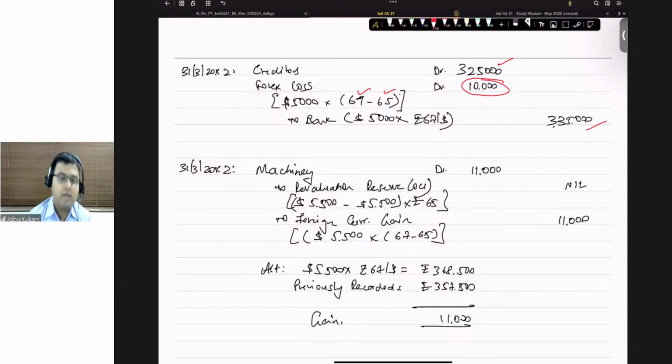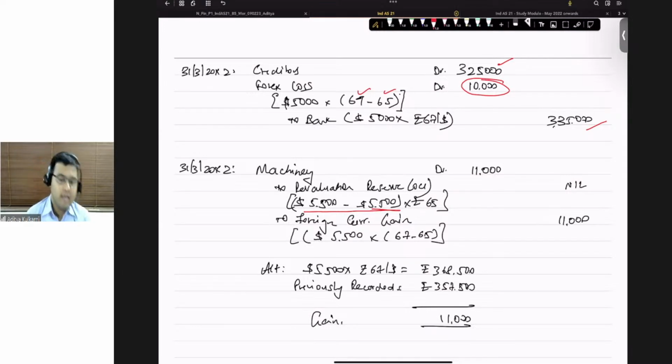So therefore, it tells us that machinery account debit to revaluation reserve, other comprehensive income. There is no change. 5,500 was there earlier, 5,500 is still there. So there is no change in this revaluation, and therefore nothing will go to the revaluation reserve. It will be zero. Is it okay?